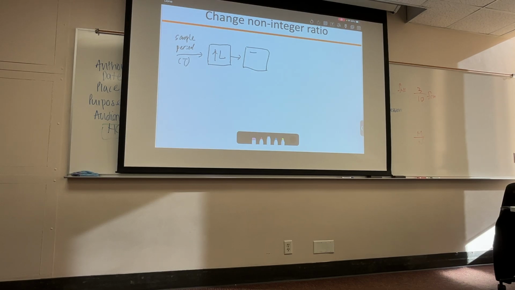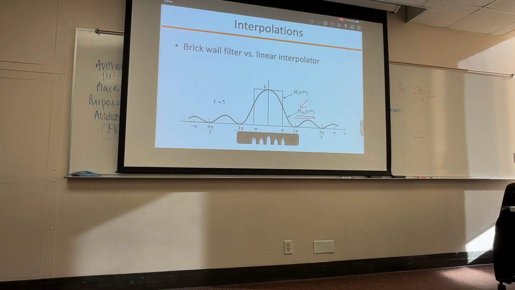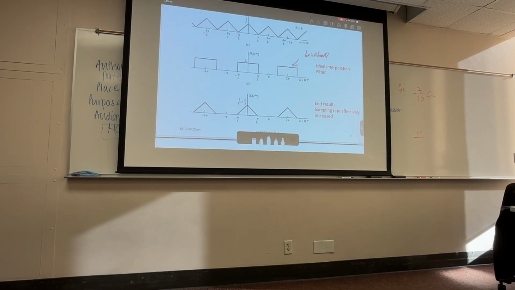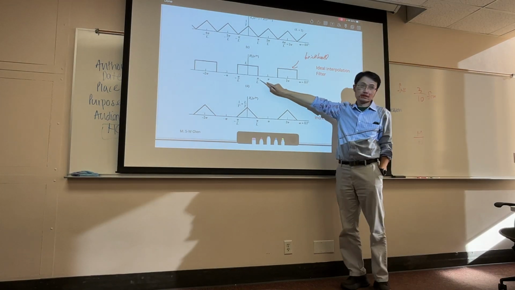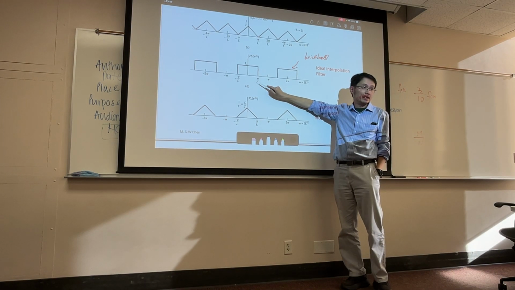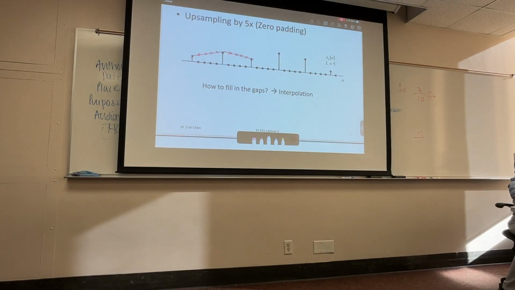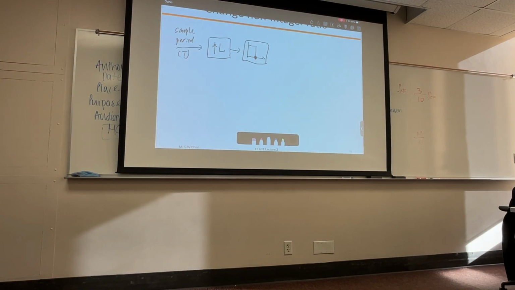What is the cutoff frequency for this interpolation filter? Pi divided by L, right? So that's pi divided by L. Are we good? The output here should be the upsampled stream.